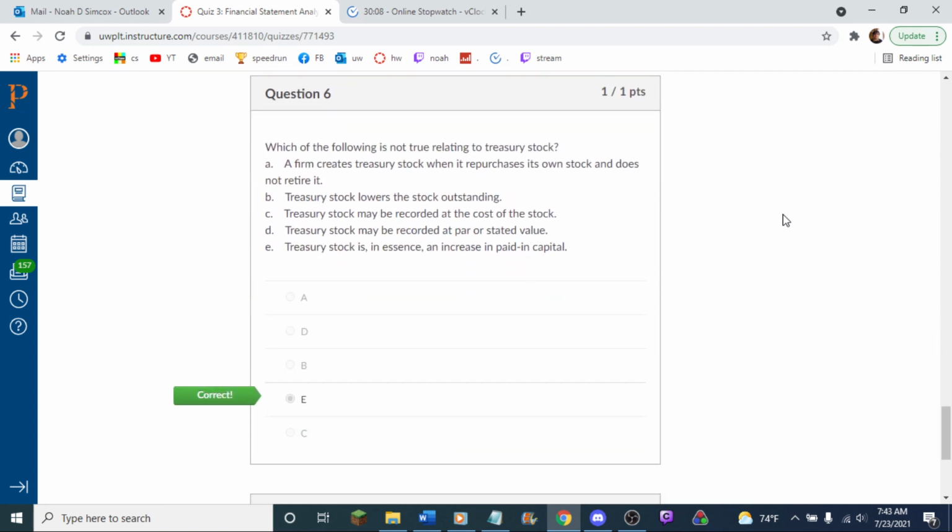And 6, which of the following is not true related to treasury stock. Treasury stock is not an increase in paid capital, it's actually a decrease. Treasury stock lowers stock outstanding. It may be recorded at the cost of the stock. It may be recorded at par stated value.